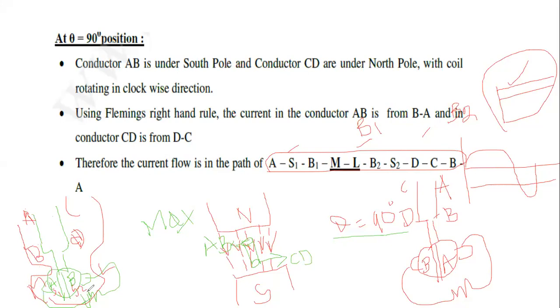But by usage of the commutator segments, both the conductor and the commutator segments are rotated. Therefore DC current or DC voltage will be obtained.